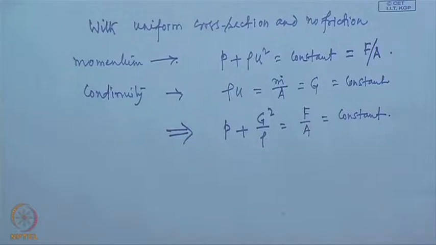So, for a fixed mass flow and fixed impulse, there is a unique relationship between pressure and density, and it can be plotted in the PV diagram.